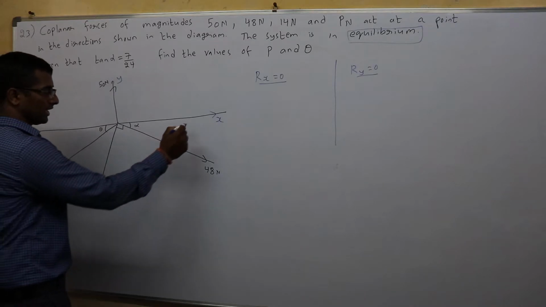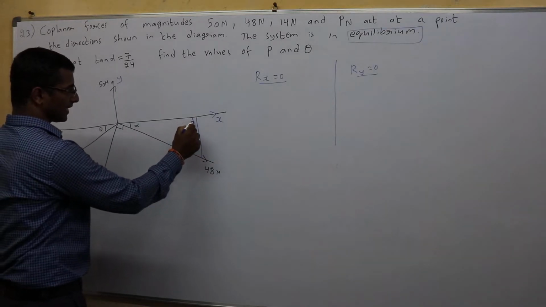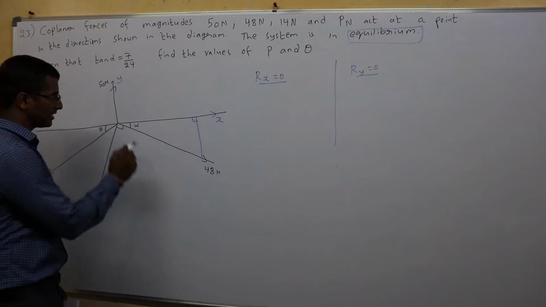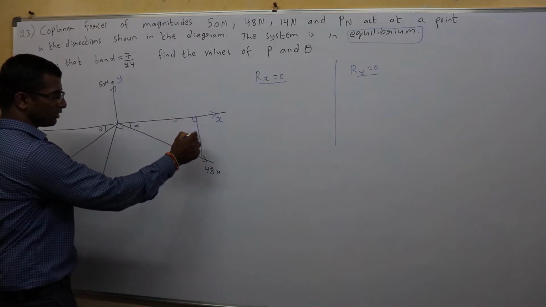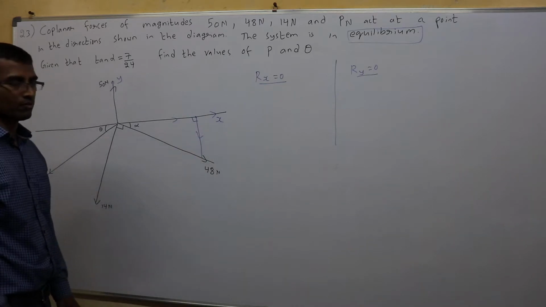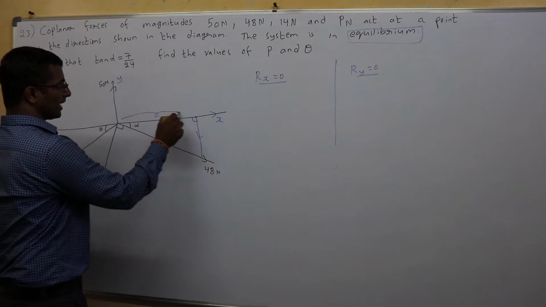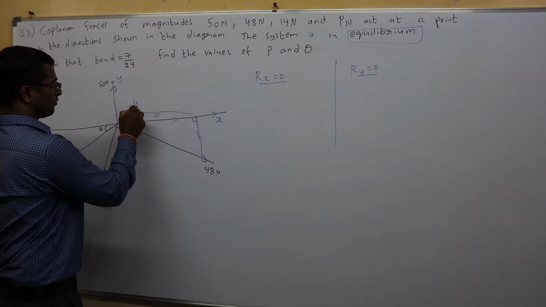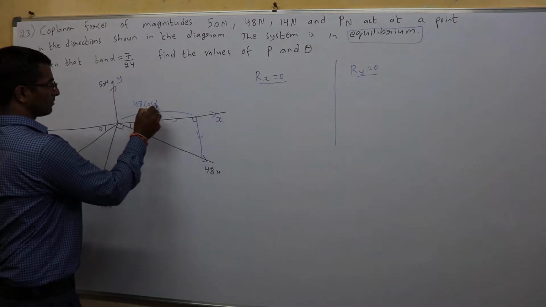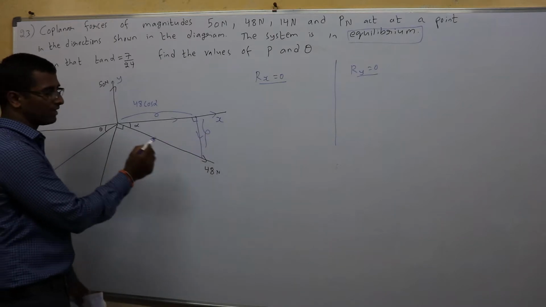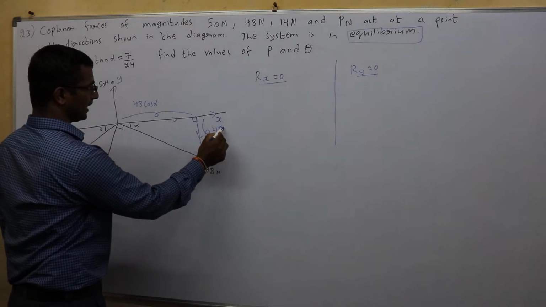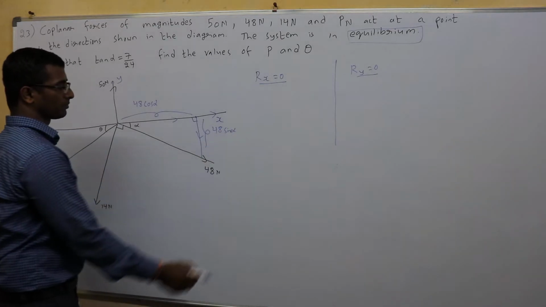Drop a vertical line perpendicular to the x-axis. Instead of walking in this way, I could go in this way till here, then I could move down. Now this is adjacent to alpha, so it becomes 48 cos alpha. This side is opposite to alpha, so it becomes 48 sin alpha.